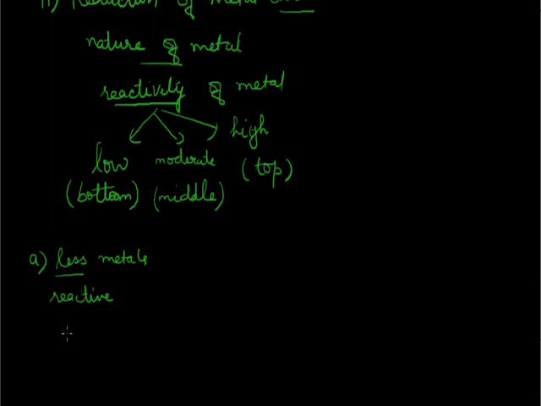Their oxides will be less stable. And so the oxides can be reduced simply by heating. So metal oxides of less reactive metals can be reduced simply by heating.